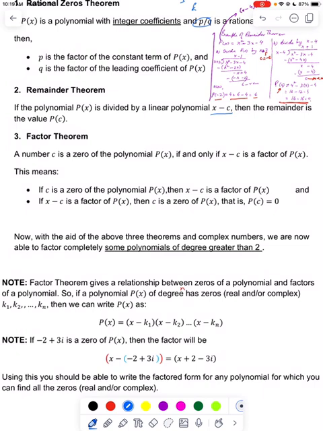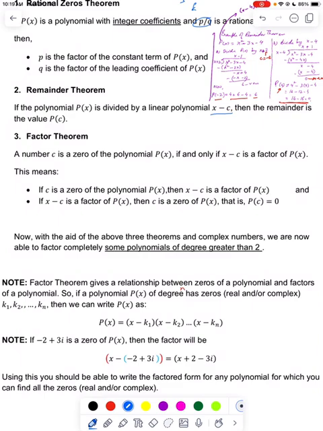And if it is not a factor of the polynomial, then there will be some remainder which will be a number, because the remainder has to have a degree less than the degree of the divisor. So the degree of the divisor here is 1. So the remainder must be of degree 0. Degree 0 is used for constant terms or the numbers. They are polynomials of degree 0.